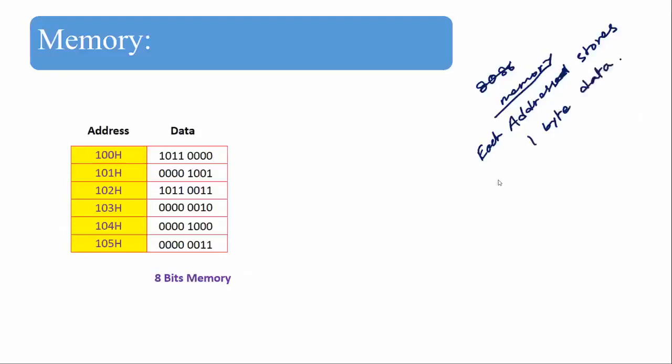Each address stores how many bytes of data? 1 byte of data. So 1 byte means how many bits? 8 bits. So in the address you can see we have 8 addresses, and all of them hold 1 byte of data. So basically, this memory is 8 bits of memory, like all the addresses contain 8 bits of data.